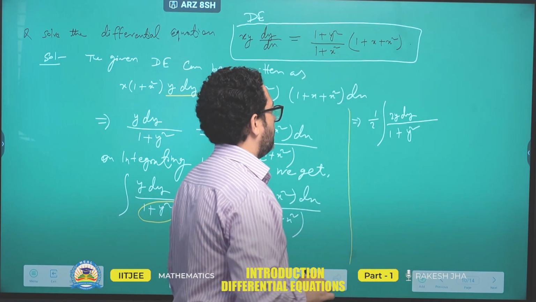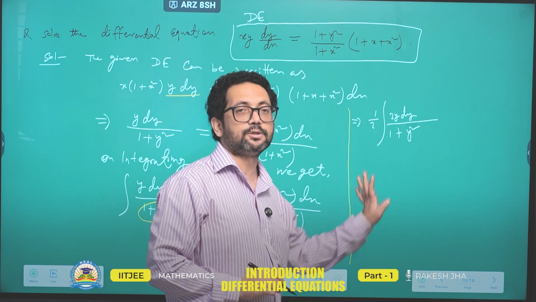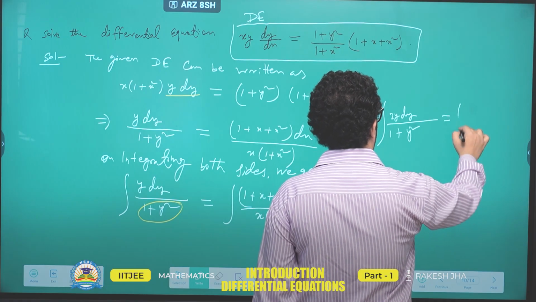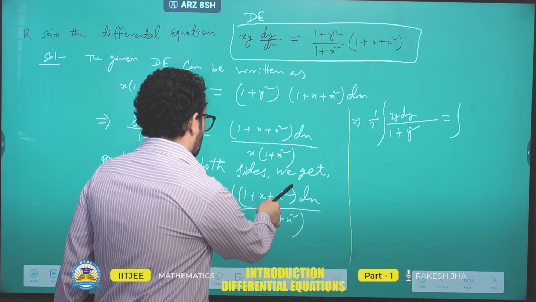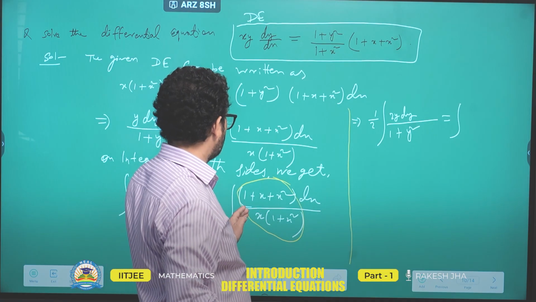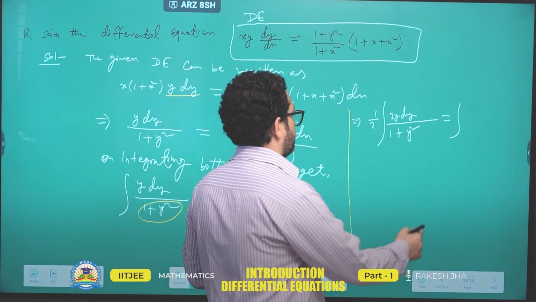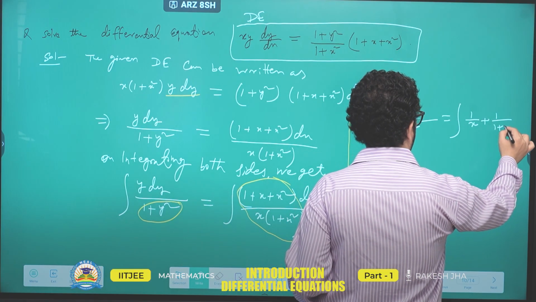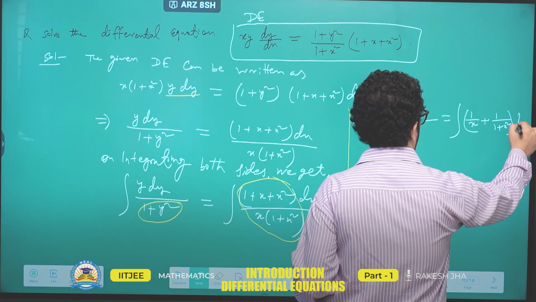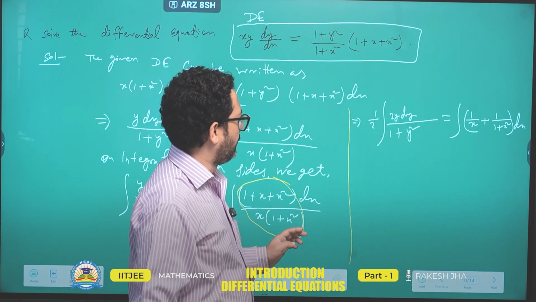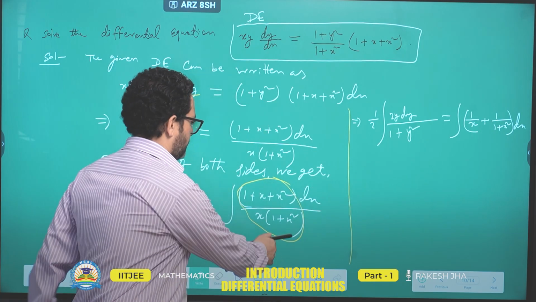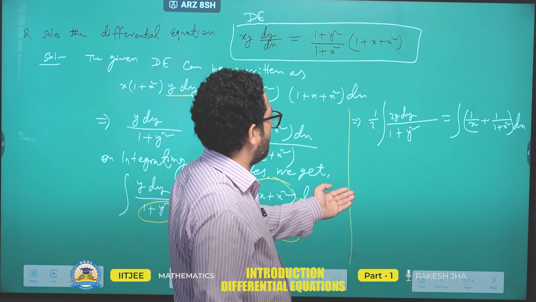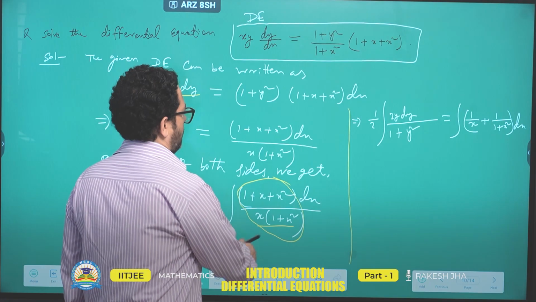So what will happen here, now this function is integrable. We can write this portion on the right as 1 upon x plus 1 upon 1 plus x square dx. Why so? Because if you take the LCM, it will match with this. In the numerator, it would be 1 plus x square plus 1. So the same thing you will get here.